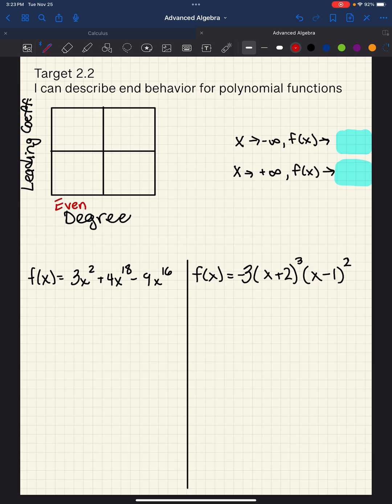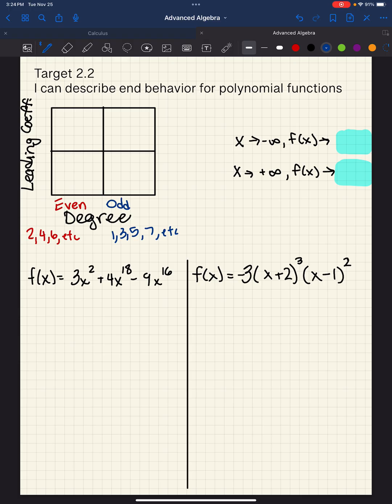So when I figure out what the degree is, the answer is something like degree 2, 4, 6, etc., even. Or it's an odd degree, which of course would be something like degree 3, 5, I guess technically 1, but I don't really do that, 7, etc. So just even and odd literally from the degree.